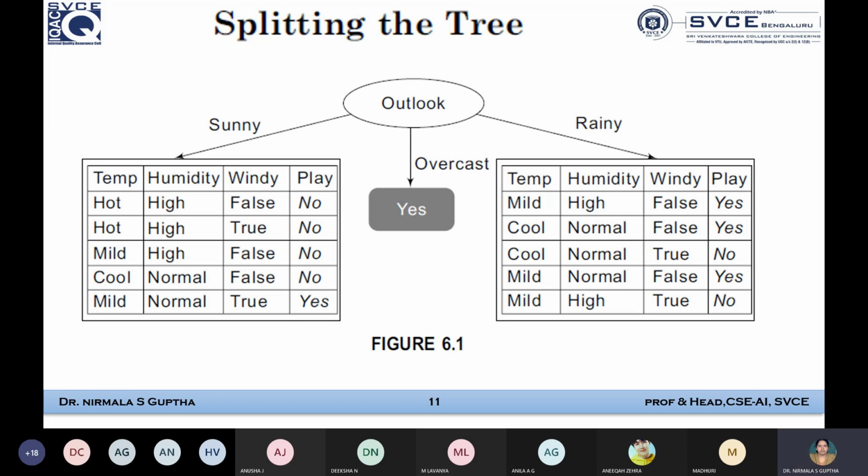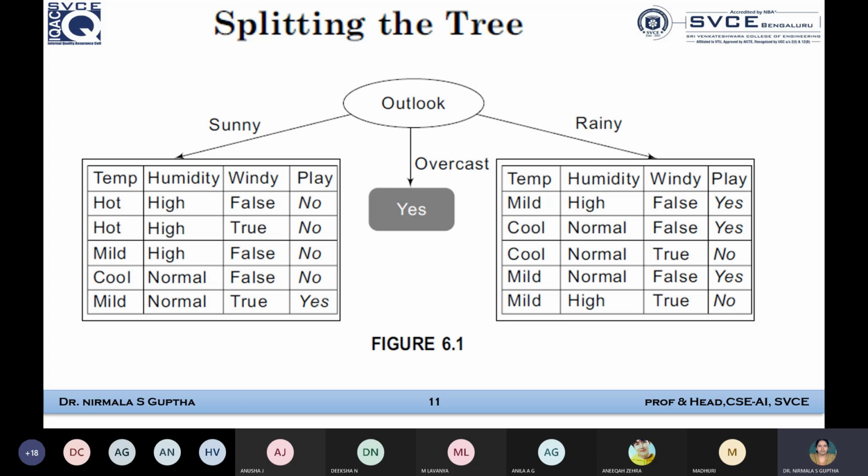Numerator becomes 0. So 0 by 1 is the answer. So what is the total errors? Summation of all the denominator values, the 5 rows: hot, hot, mild, cool, cool. From the sunny perspective we are talking about, not from all.